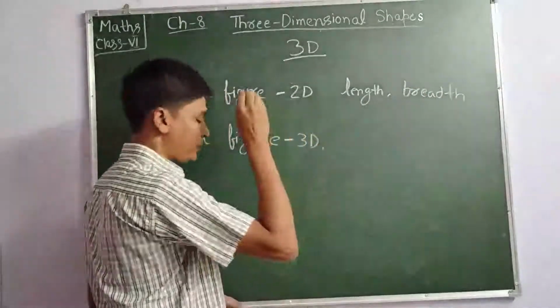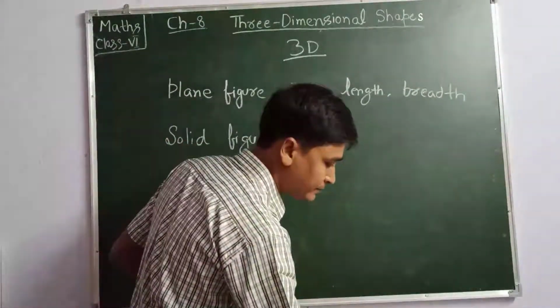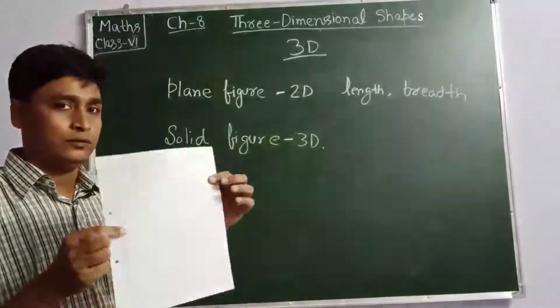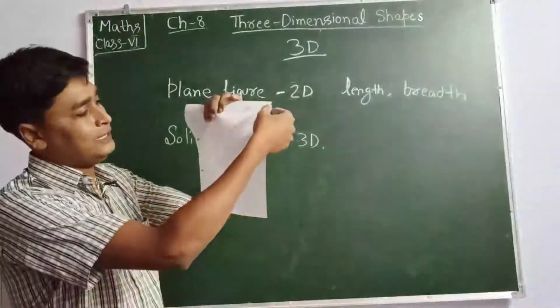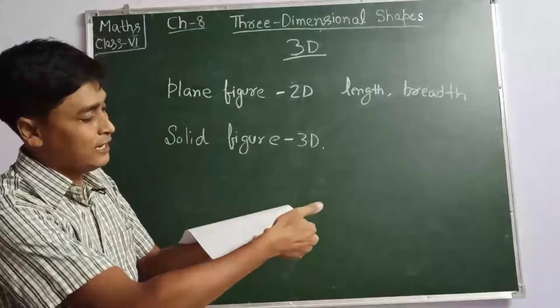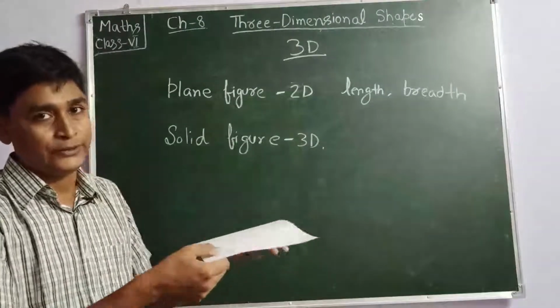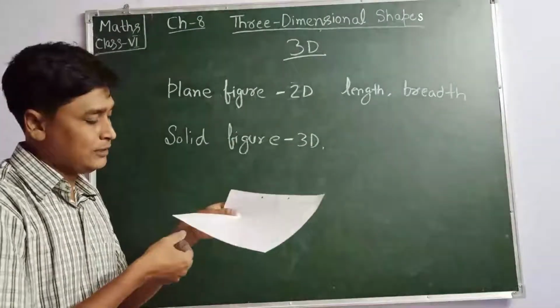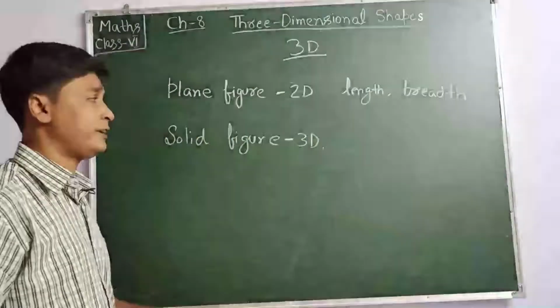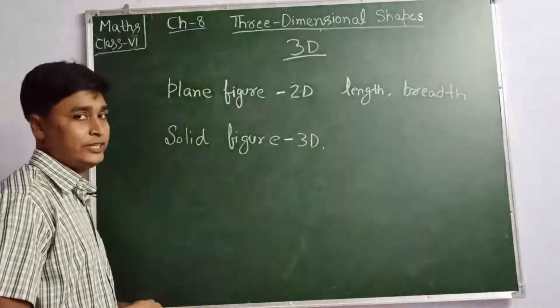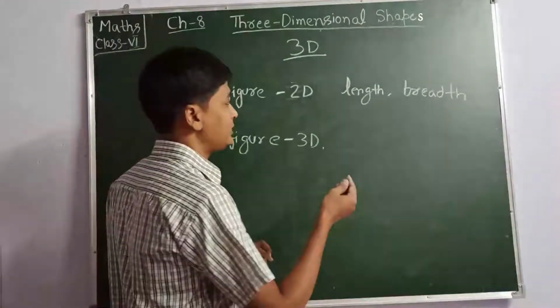Let's take an example. It has 2 dimensions. One is length and the second is breadth. This is a plane figure, with length and breadth. But a solid figure has 3 dimensions, 3D.